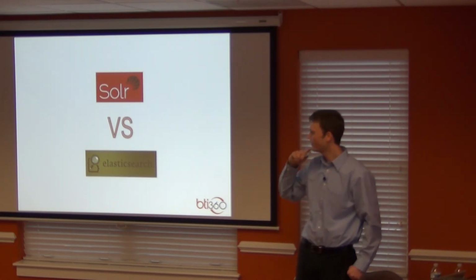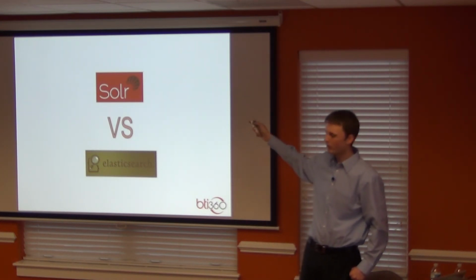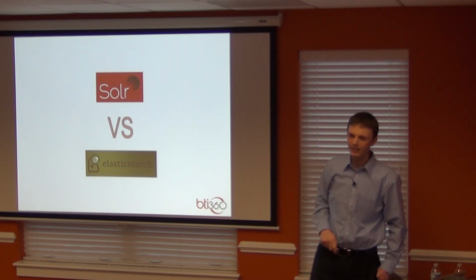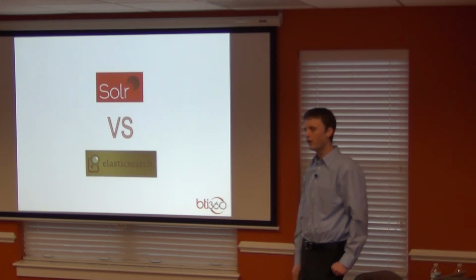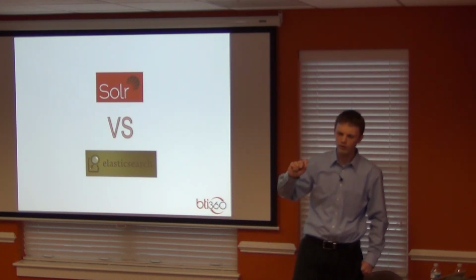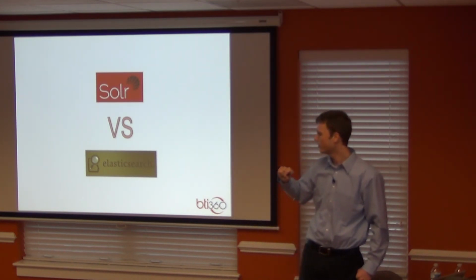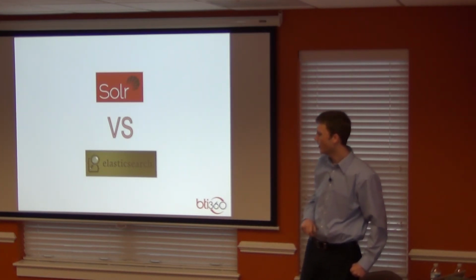So some differences. Solr is in the Apache Software Foundation, open source. Elasticsearch is an open source product from a product company. And so they provide some core capabilities, but if you want the goodies, you got to pay for it. So they've got add-on products.